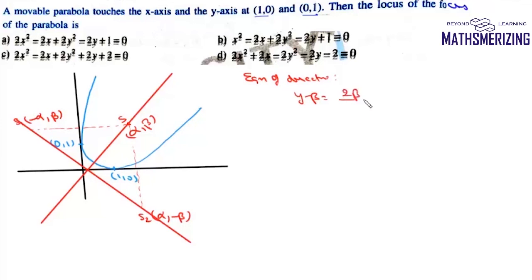Slope is 2 beta upon minus 2 alpha, and then x plus alpha. So 2 and 2 will cancel. So I get minus alpha y plus alpha beta, and this is beta x plus alpha beta. So the equation of the directrix will be beta x plus alpha y equals 0.